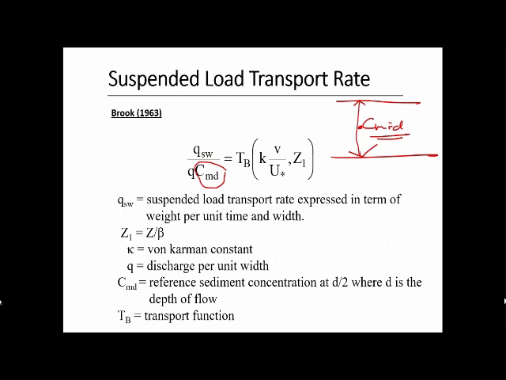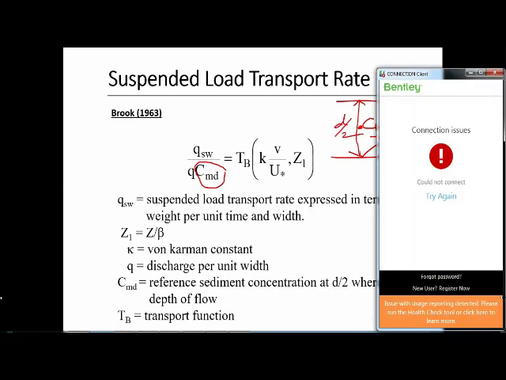So you have to, your y is equals to D over 2 lah, at the mid depth. And he said that TB is a transport function. Ini tak ada apa-apa terms. So it's a transport function as a function of these terms and also these terms, the Q and also the Z1.